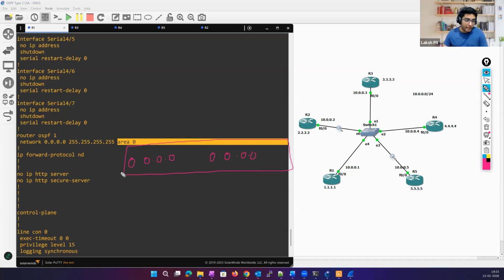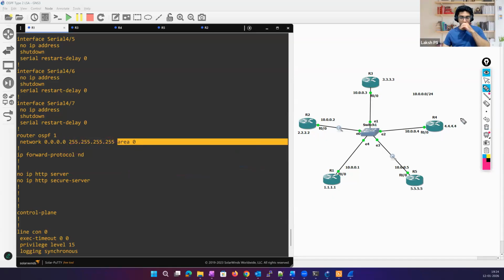But in the running configuration, this wildcard mask is shown as 255.255.255.255. So do not be confused as to why this is 255. When I configured it as 0.0.0.0 area 0, in the running configuration this wildcard mask portion is shown as 255. But the configuration remains the same.